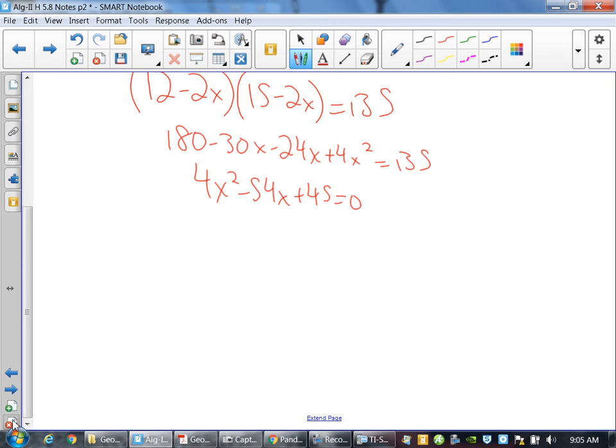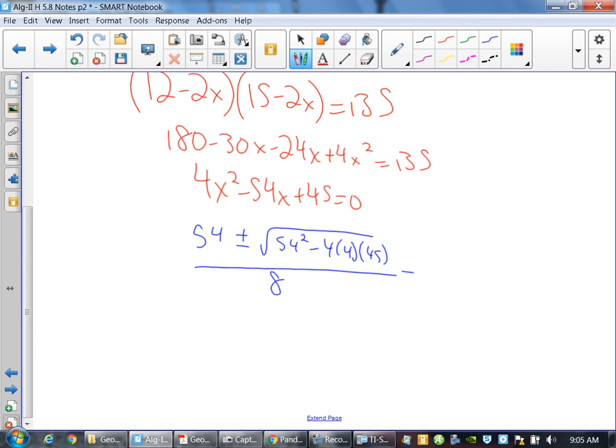You know, so you have 4, this would be 1, 4 doesn't go into this evenly, so I wouldn't bother with that. If I use quadratic formula, I get 54 plus or minus the square root, 54 squared minus 4, and a 45, all over 8. And I did that one because I didn't have my graphing calculator on me when I did this, so I thought it was a little easier just to write it out.